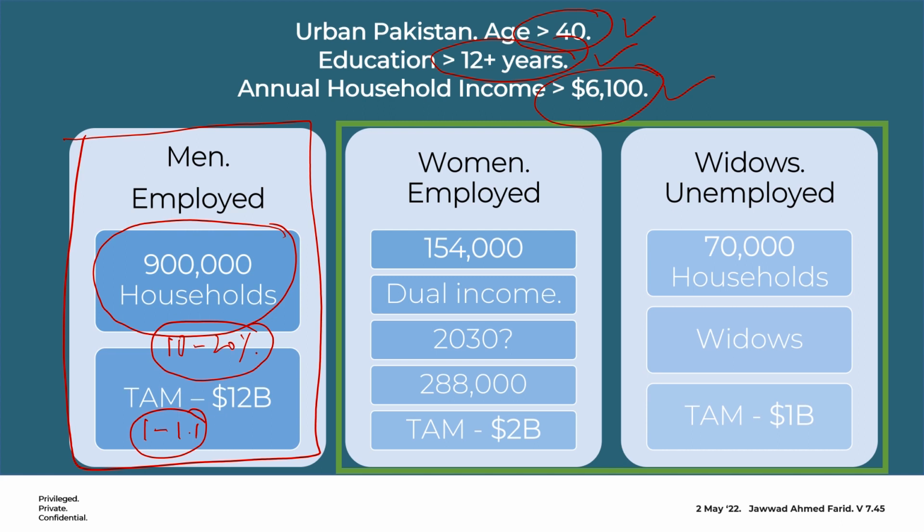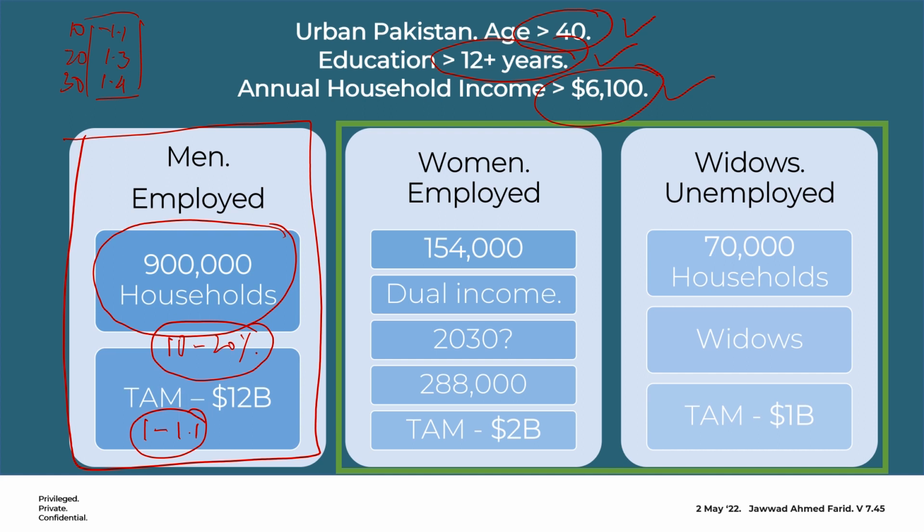And then they'll grow at the same 10 to 20% rate every decade. So a decade down the road, there'll be about 1.1 million households. Then a decade after that, maybe about 1.3 million households. And then a decade after that, maybe about 1.4 million households, right? That's the profile of men in this specific segment.